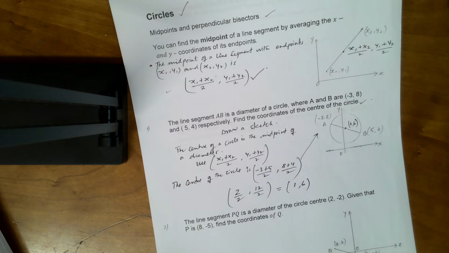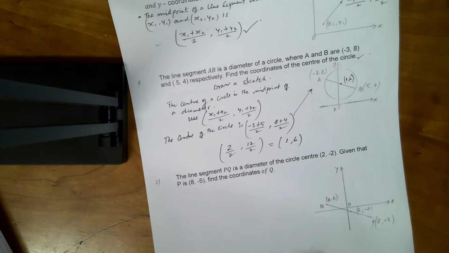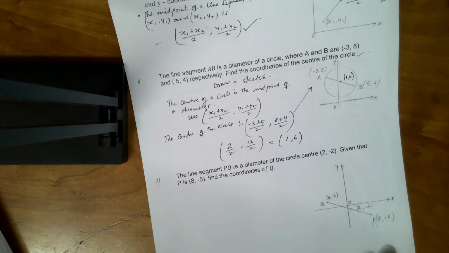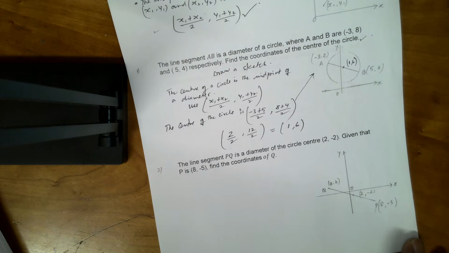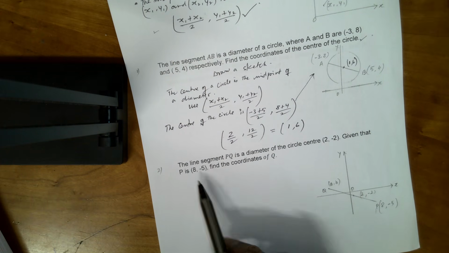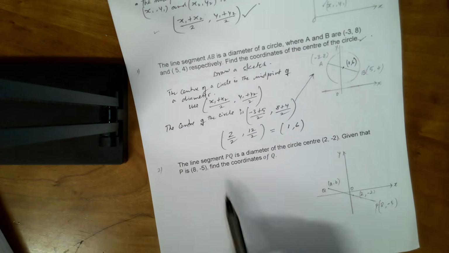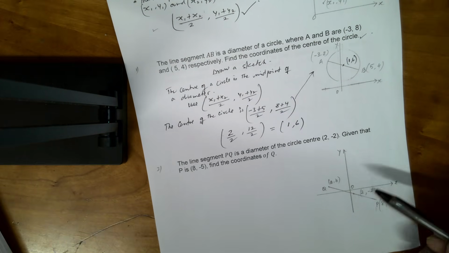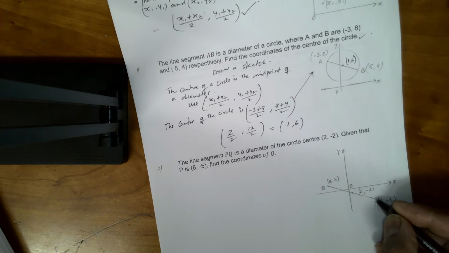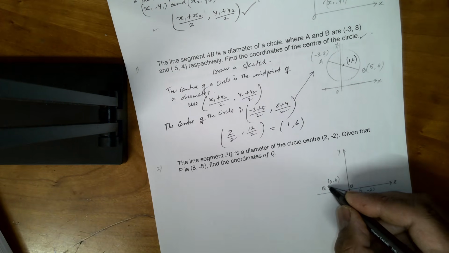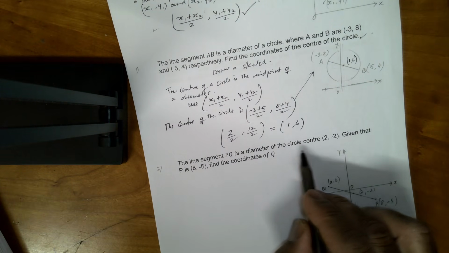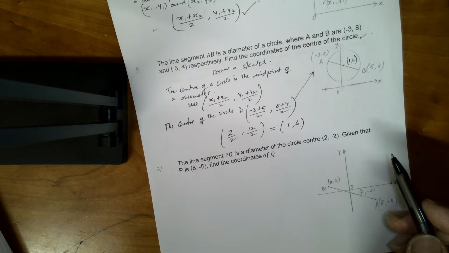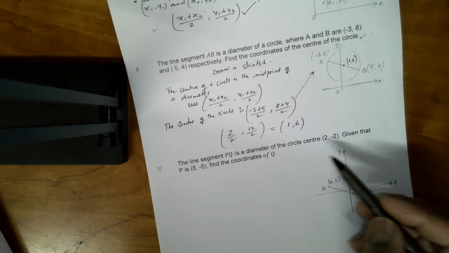Right. So let's take another example as well. Slightly different. In this one, it says the line segment PQ, which is here, your P and Q here, is a diameter of the circle with a center.